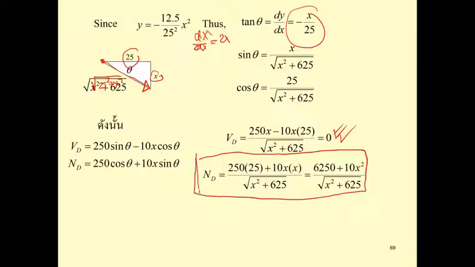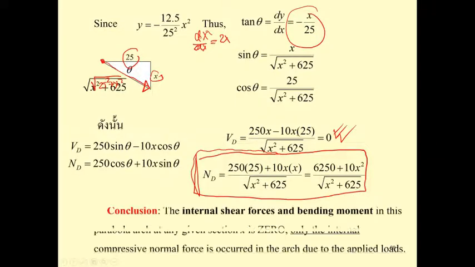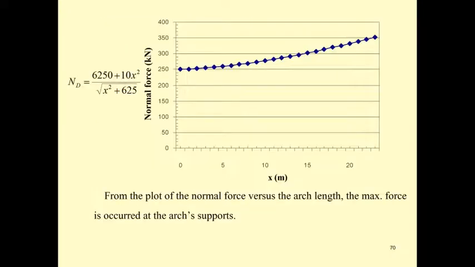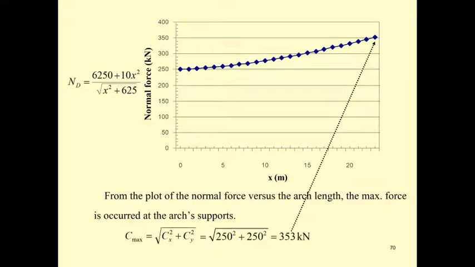If we like to see the distribution of it, we have to put it into the graph, and then we can see that the maximum axial force also occurs at this point of 353, and this is going to be the minimum at the crown of the arch, and this is going to be at the support of the arch. And then how do we design the arch?